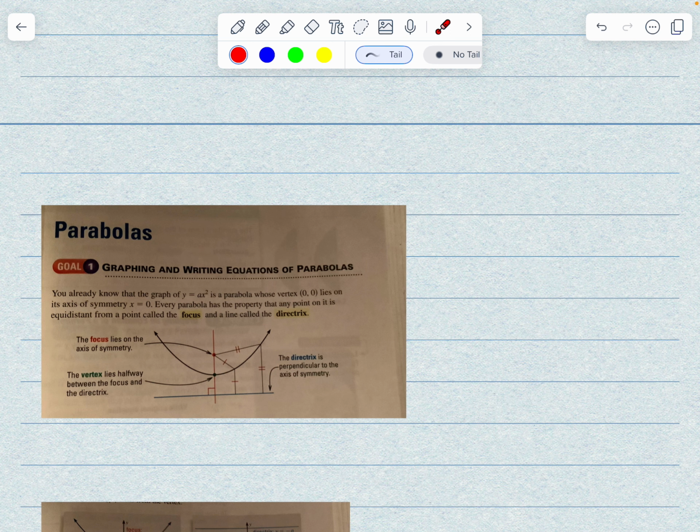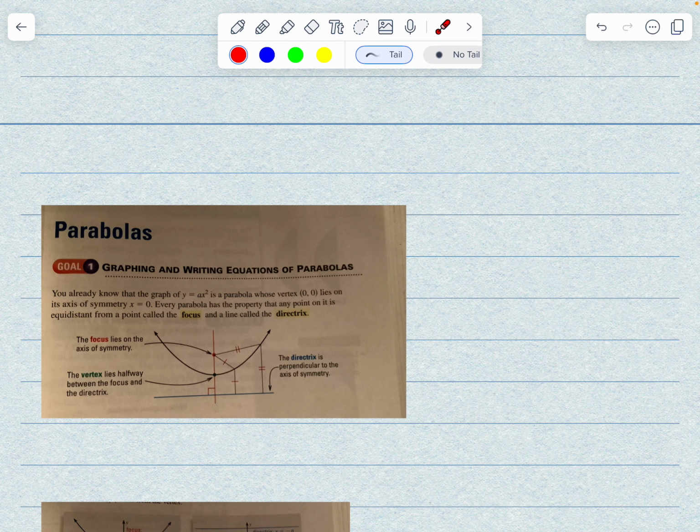We know that part. Now we are introducing two more vocabulary terms for parabola. One is called the focus, and the other is called the directrix. Okay, the directrix is actually a line. The property of the directrix is, one, it lies outside of the parabola.